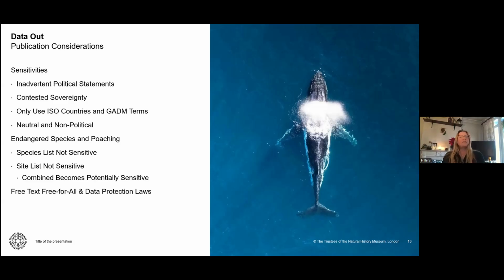The other thing that's a bit more obvious for a natural history museum is that, whilst we want as many people as possible to be able to use our data, we don't want to encourage poaching or species loss. That's the last thing we'd like to do. It's a bit of a tricky one because our species list is not sensitive. Do we have rhino? Yes, we have rhino.